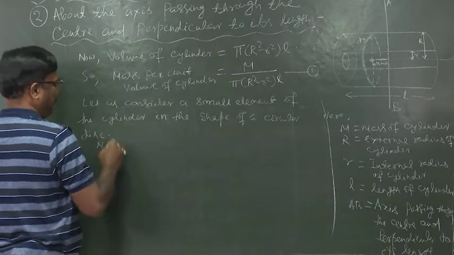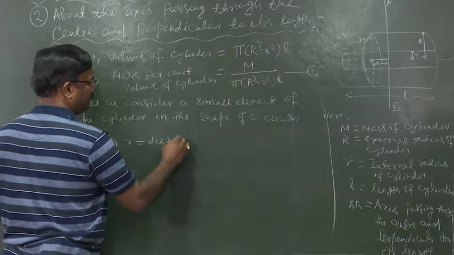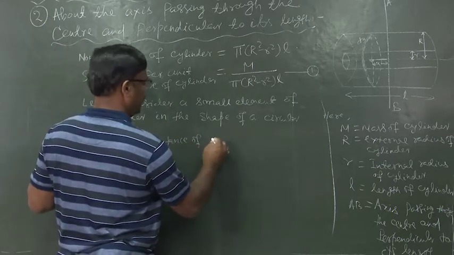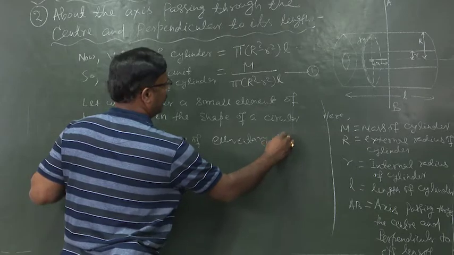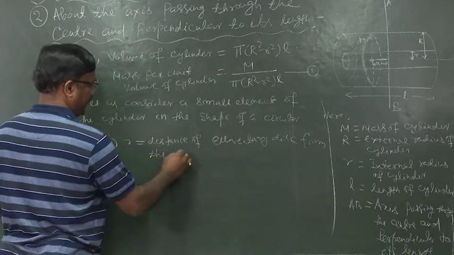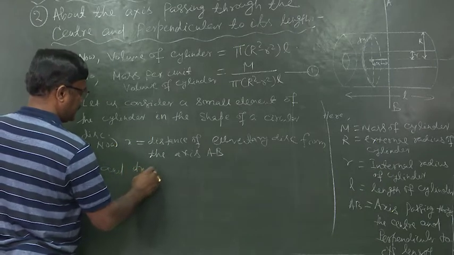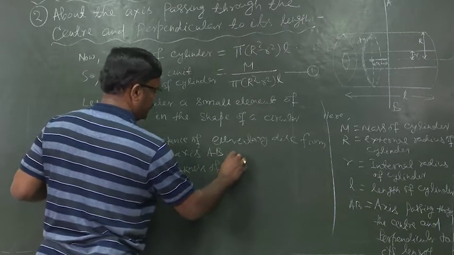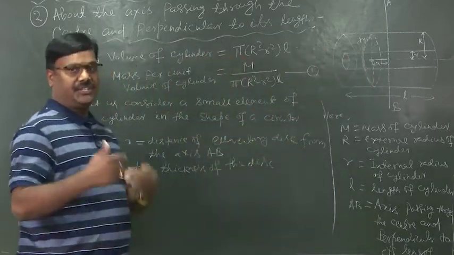Now, x is equal to the distance of the elementary disc from the axis AB, and dx is equal to the thickness of the disc.